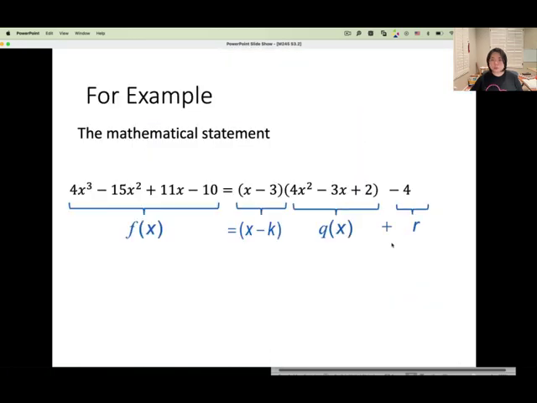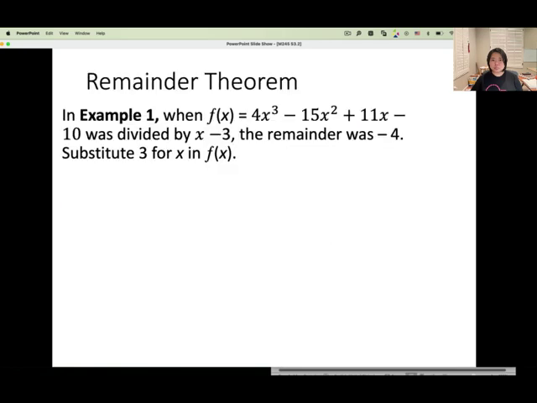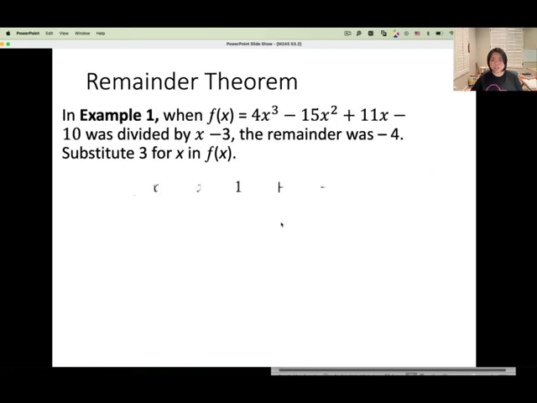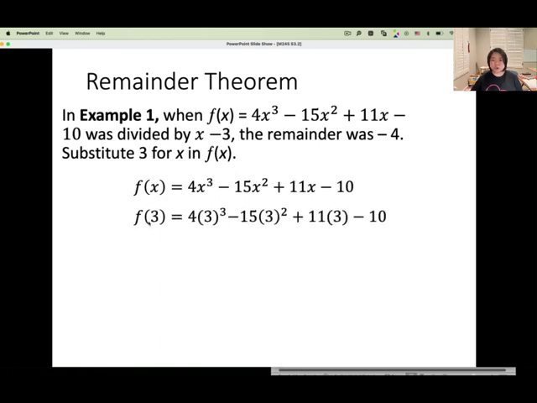So by the remainder theorem, when you plug in f of k, you're gonna find out the remainder as well. So let's try. We already know the remainder of this guy will be equal to -4. Let's try to plug it in. F of 3, plug it in here. And then you're gonna calculate. Use your calculator.